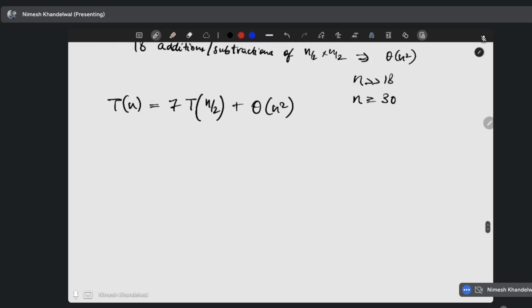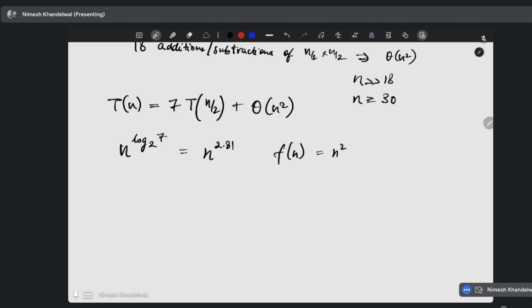So log 7 base 2 is n to the power 2.81, right? And f of n is n squared.